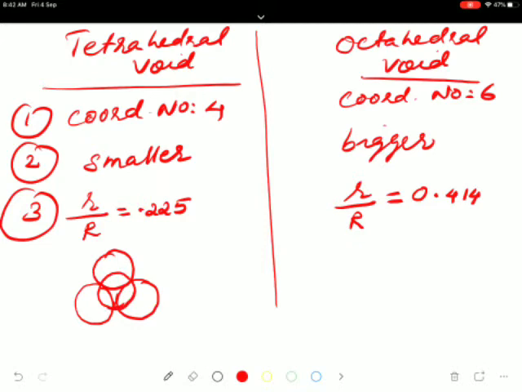In the case of octahedral void, that is one sphere, three are of the second layer, and three are of the first layer.